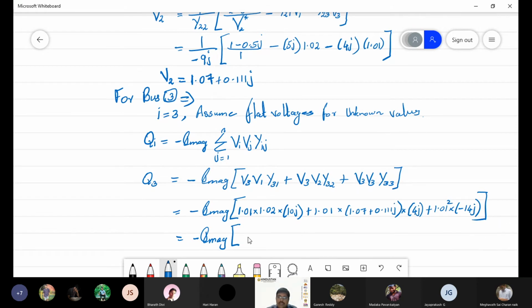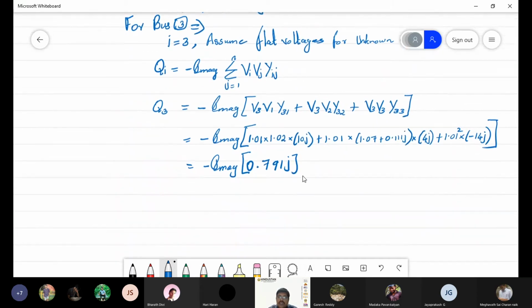So I hope you got this value, minus imaginary of 0.791j. Check whether you are getting the same value. If there are any discrepancies, let me know. This is the imaginary value, but we need minus of this imaginary value, so that is equal to minus 0.791.